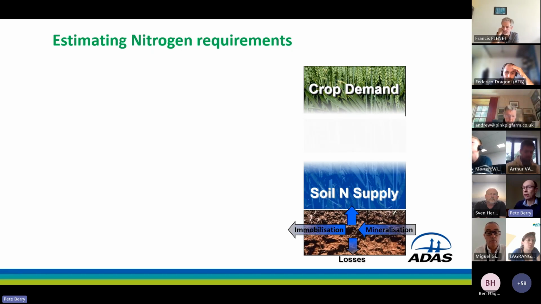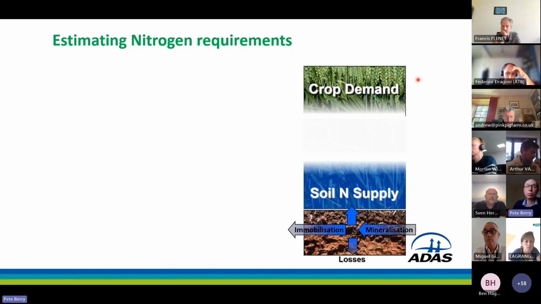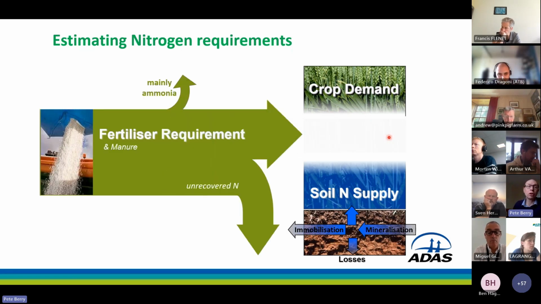But there is always, or usually, not always, a gap between what the crop demands and what the soil supplies. There's usually a gap. So that gap needs to be met by fertilizer requirement. That can be synthetically produced fertilizer, or it can be organic materials. If you're in an organic system, obviously you haven't got that facility. You need to rely more on residues from previous crops, for example, and organic materials.